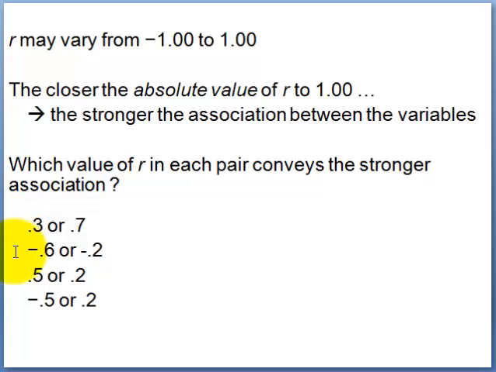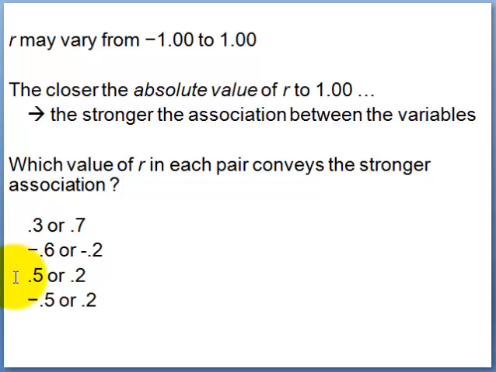How about -0.6 versus -0.2? Well, it's the absolute value of R that's conveying the size of the association. So therefore, -0.6 conveys stronger association than does -0.2. The absolute value of -0.6 is 0.6, and that is closer to 1 than is the absolute value of -0.2.